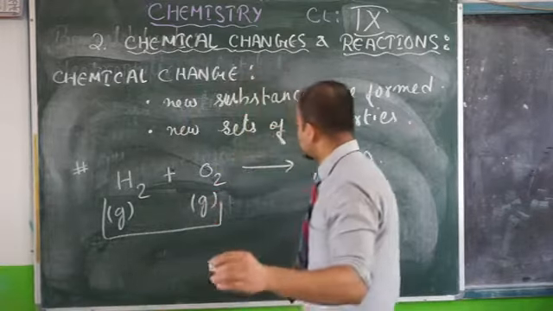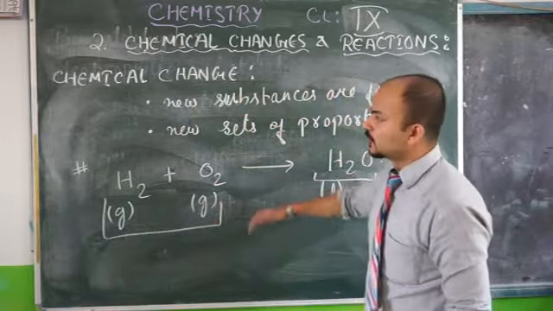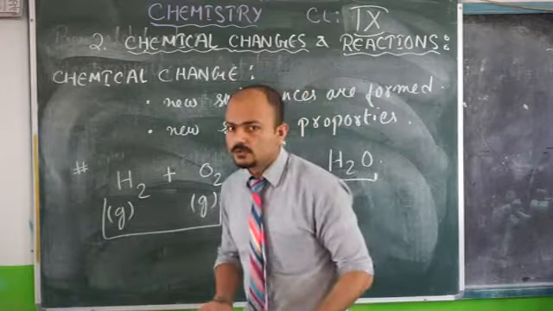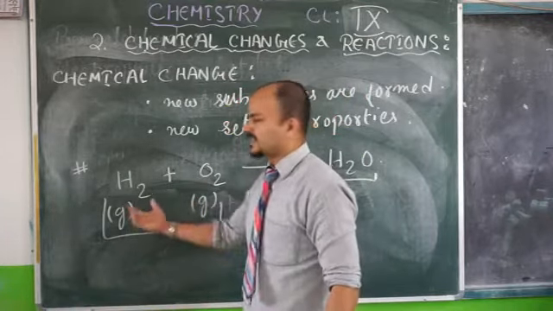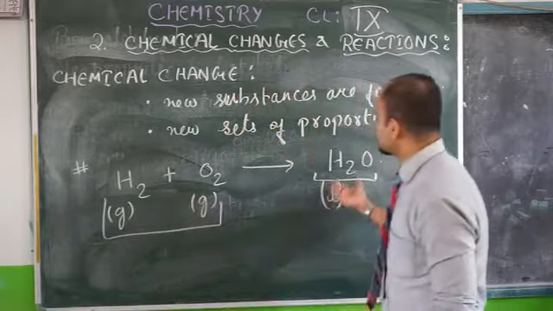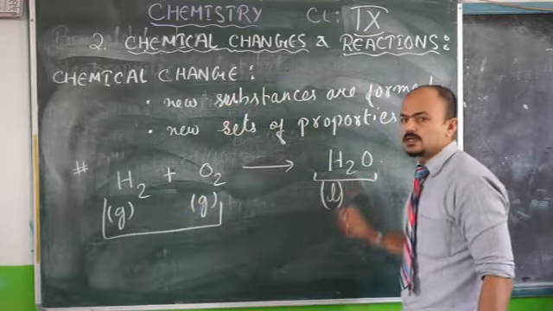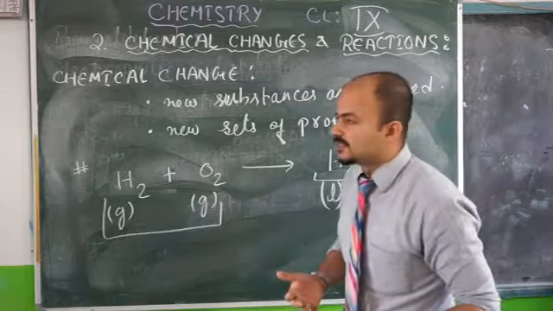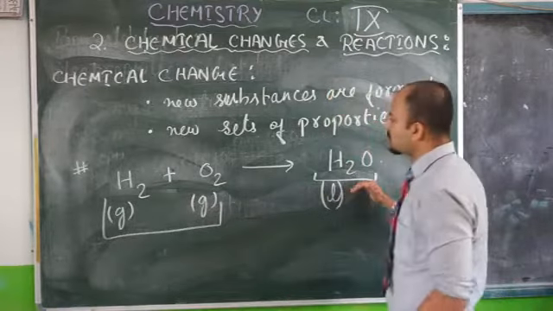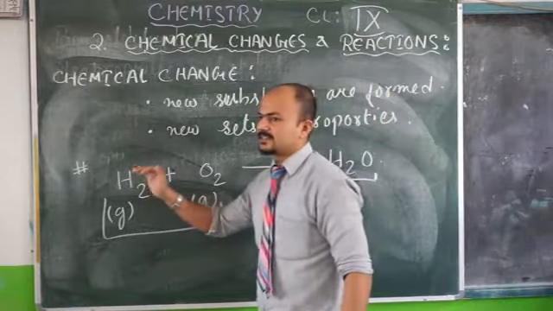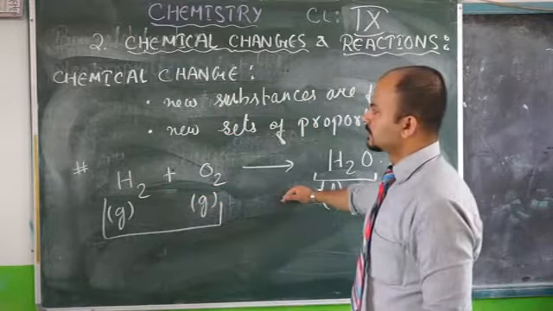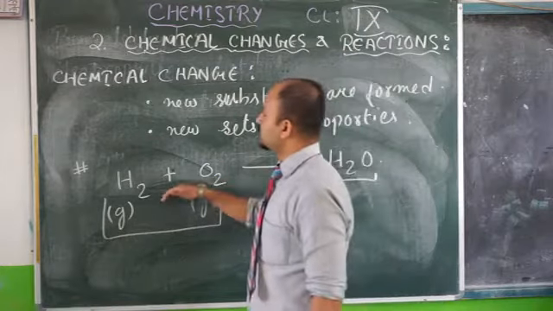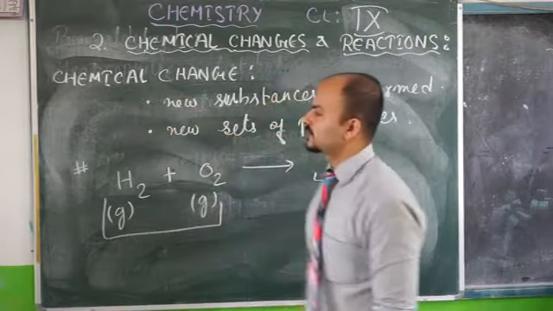So with this example, you come to know that before the reaction, they have different sets of properties, and after the reaction, a new compound is formed, which has different properties than the reactants. So by this example, we can explain what is a chemical change.